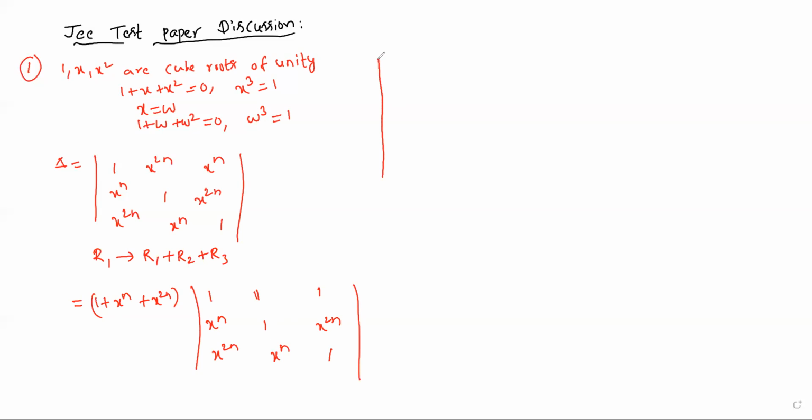Now if we expand this term, it is 1 plus x power n plus x power 2n. n can be any number. For an easy way, put n equal to 1.